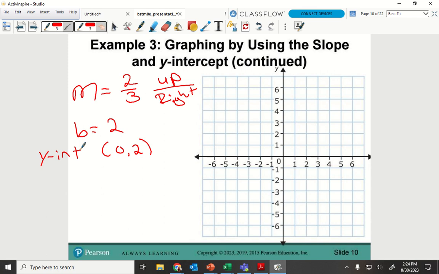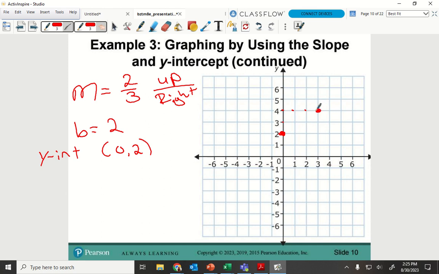Now, starting at my y-intercept, which is 0, 2, I'm going to put that right here. And my slope, m, is 2/3. So that means it's going to go 2 which way? Up and to the right. Let's count it. 1, 2. There's 2 up and to the right. 1, 2, 3.